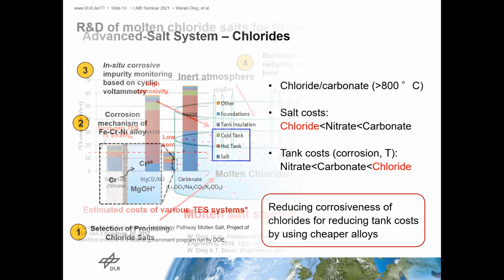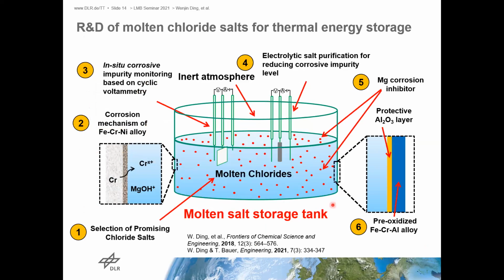So in our group, we have done systematic research on the molten chloride salt for heat energy storage. First, we selected the promising chloride salt mixtures, and then we studied its corrosion mechanisms.